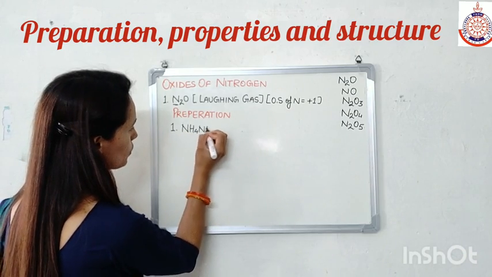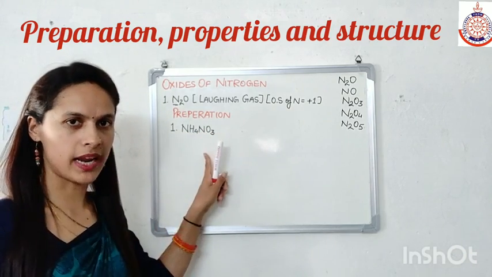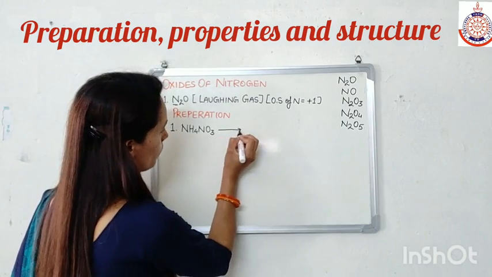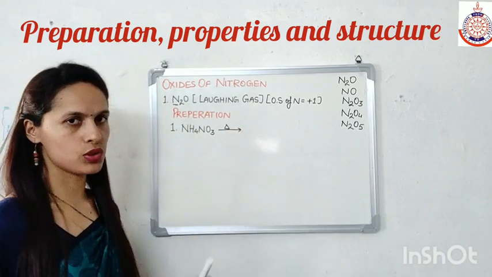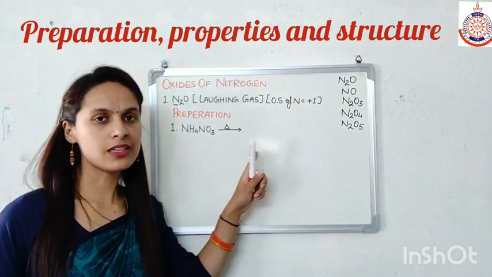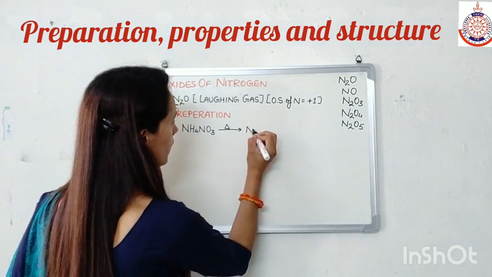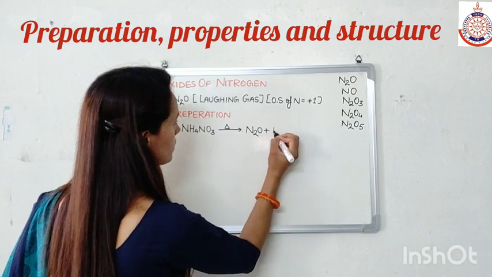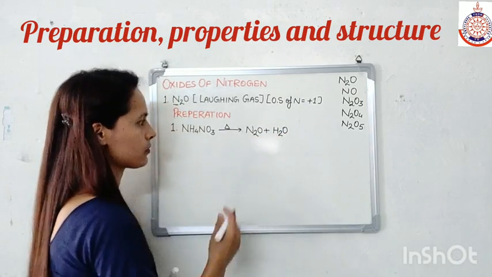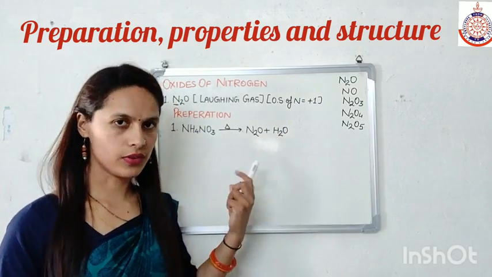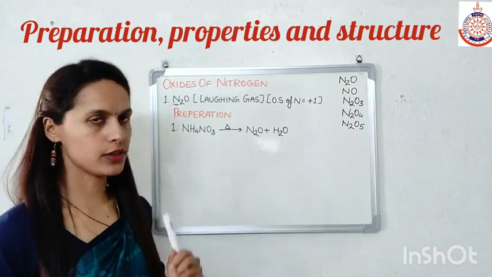NH4NO3. This is ammonium nitrate. When it undergoes thermal decomposition, means when we apply heat on this particular substance, then it decomposes to give N2O plus H2O. So this is our first method for the preparation of N2O.